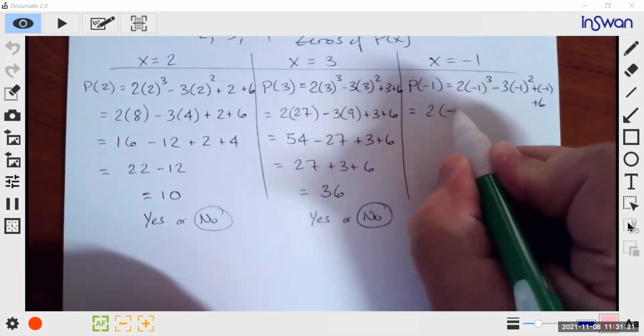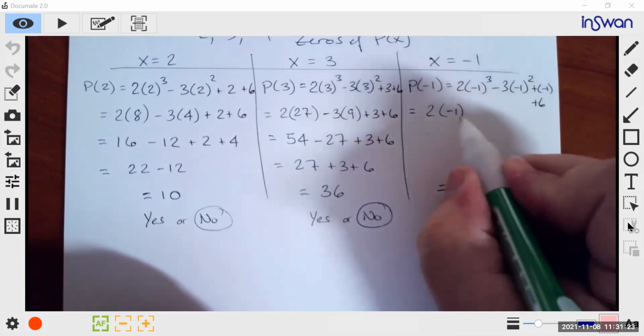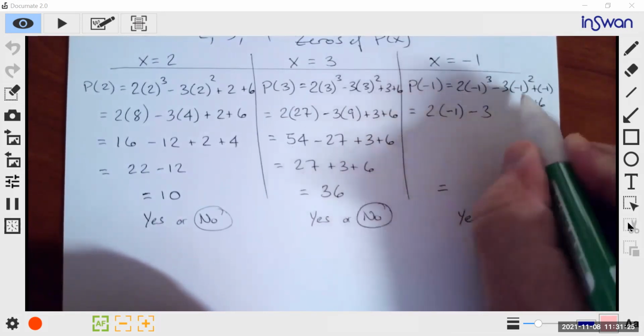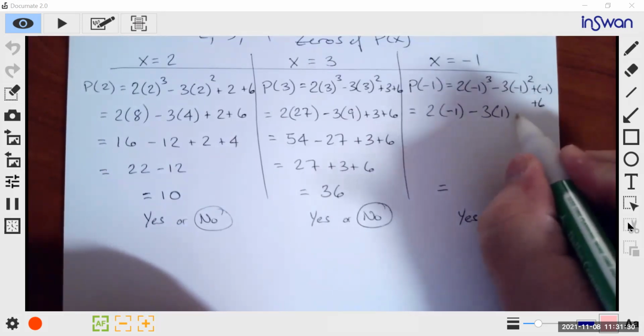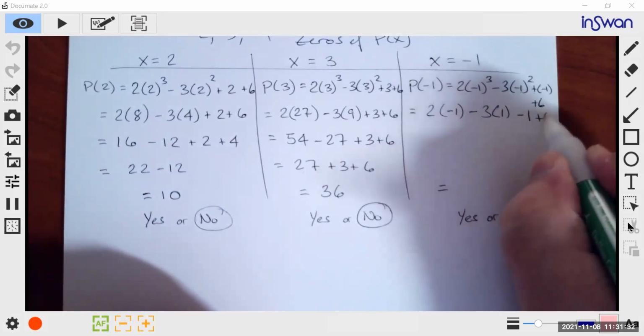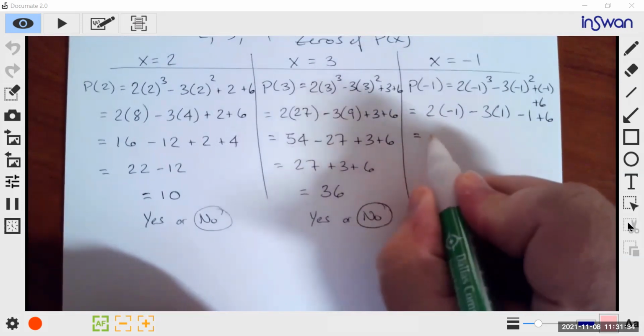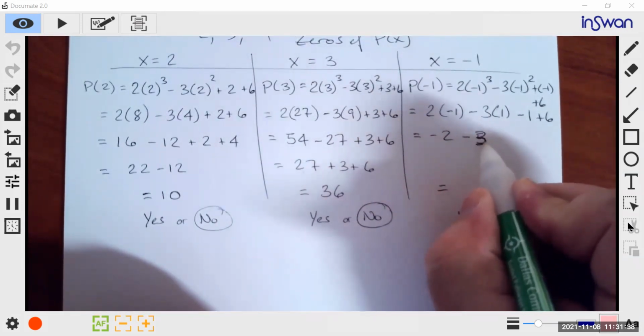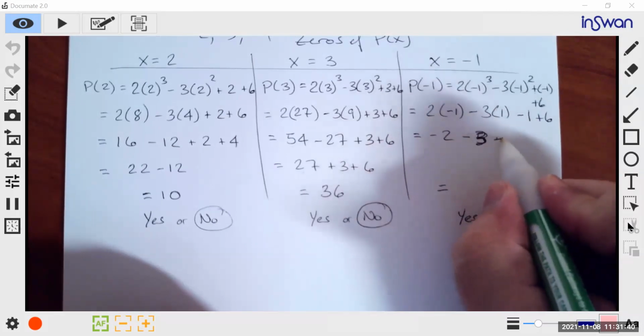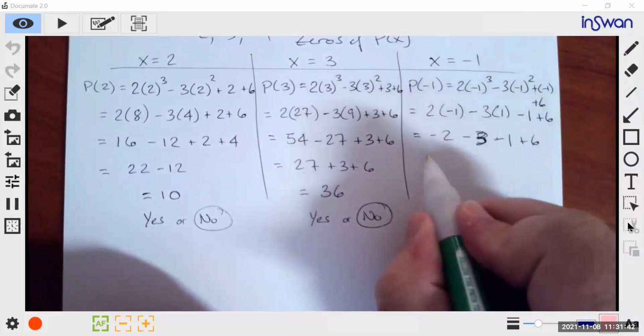Negative 1 cubed is negative 1. Negative 1 squared is positive 1. Positive and negative is a negative 1 plus 6. So it's negative 2 minus 3 minus 1 plus 6.